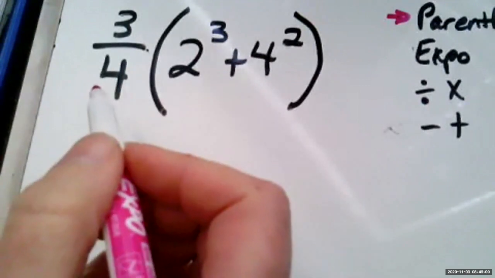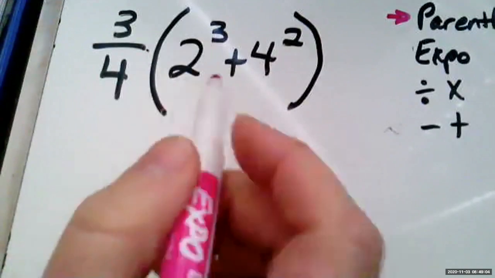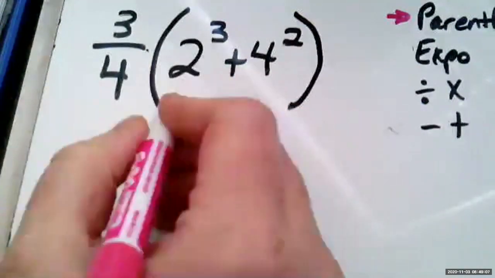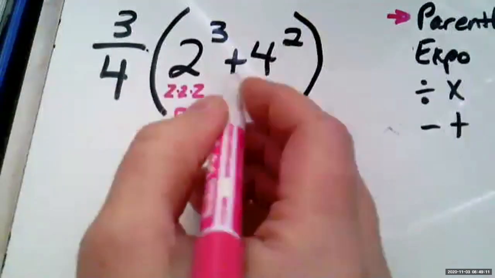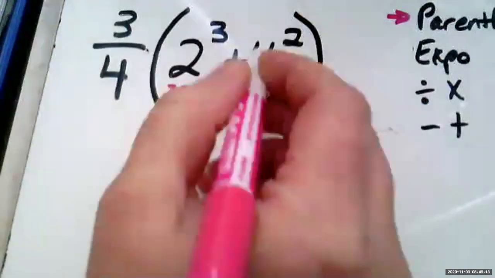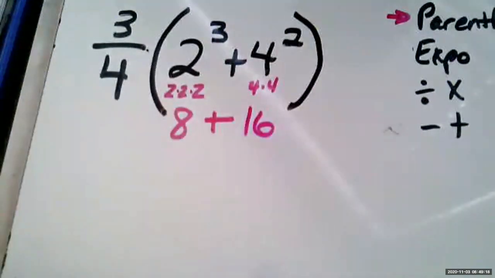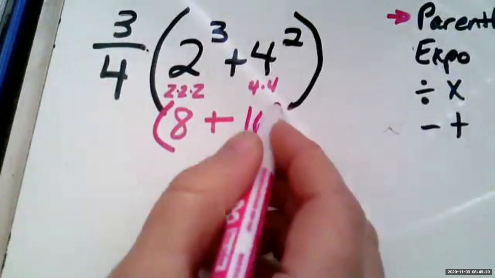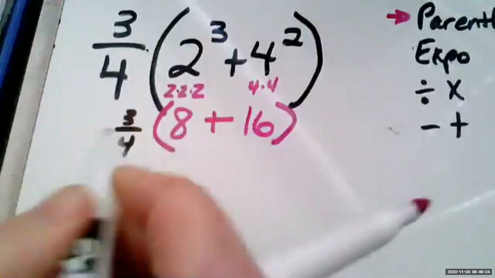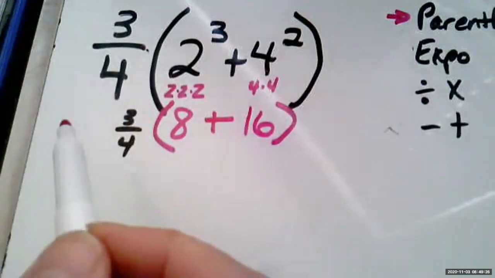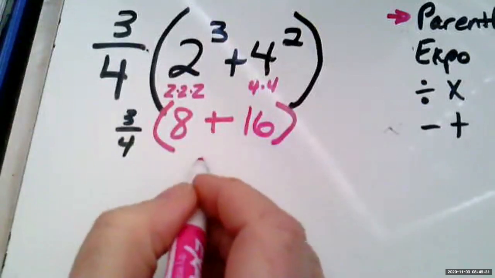Okay, starting to get some answers popping up here, and so far so good. 2 to the third power, 2 times 2 times 2 is 8, plus 4 to the second power, or 4 times 4, which is 16. So we have 8 plus 16 now inside the parentheses. Don't forget about the 3/4 in the front of the parentheses. 8 plus 16, of course, is 24.